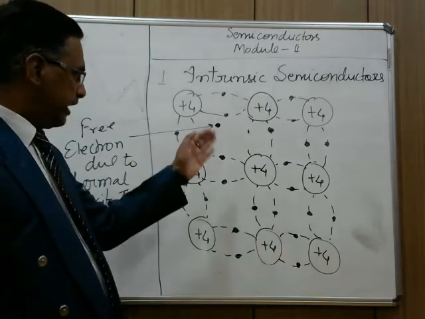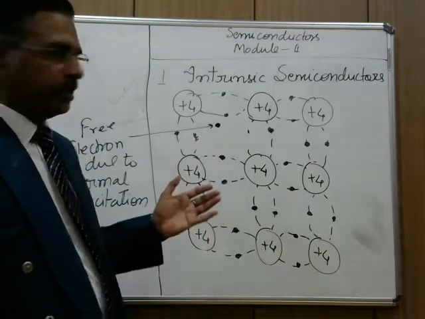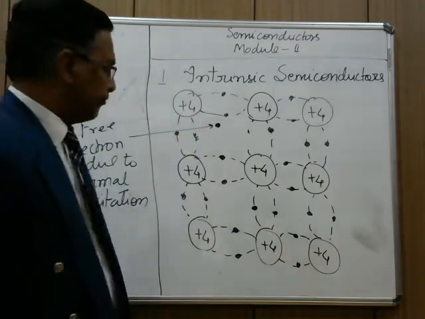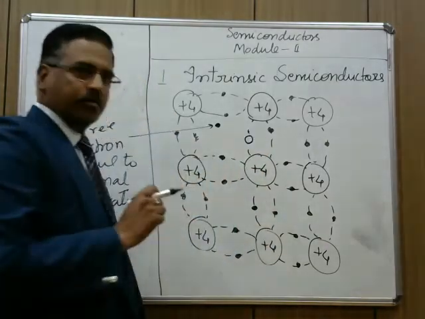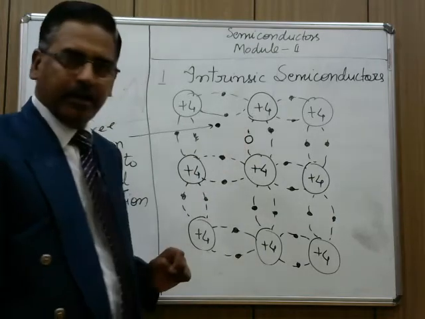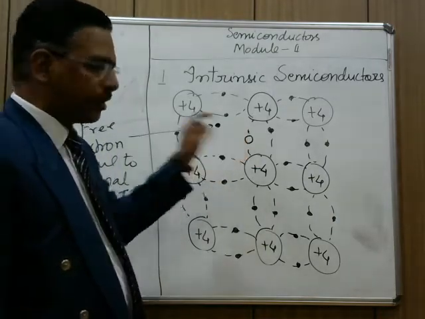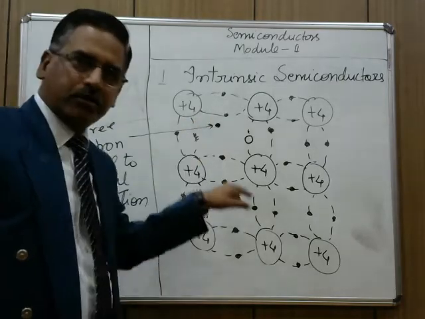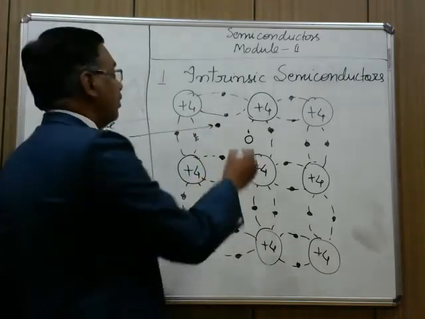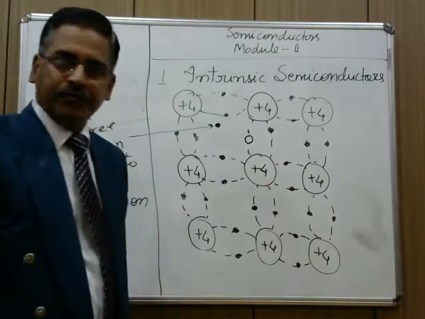Now you try to understand how the conductivity takes place. Earlier, at low temperature, there was an electron here. Now the electron has broken away. It has become free. It gives rise to conductivity and also leaves a vacancy.